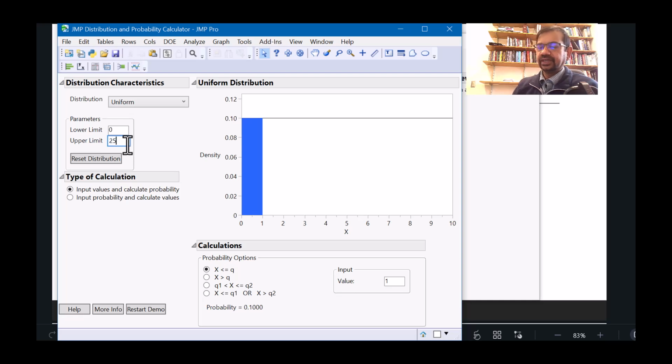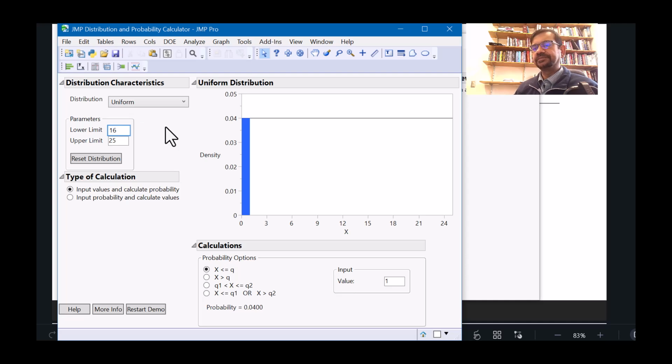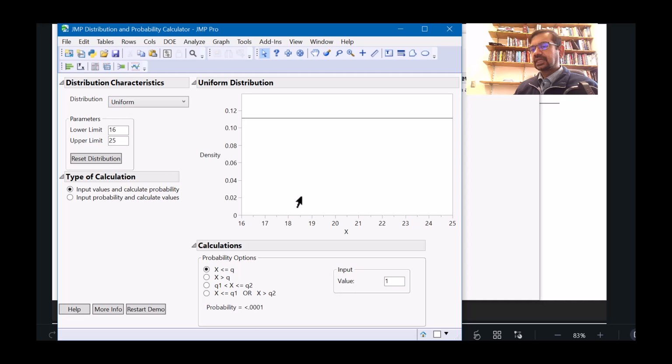I'll write 25 here, and then we'll write 16 as the first value. Our values lie between this, and the density was 1/9, which JMP automatically points out here. And this will help us find the various answers.